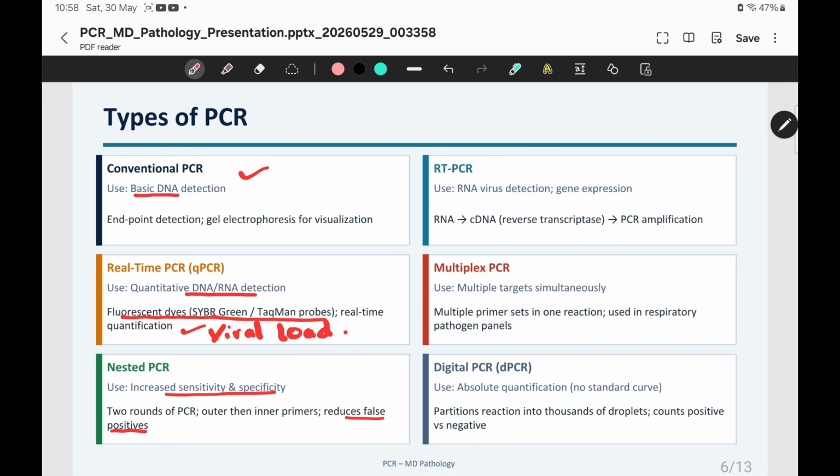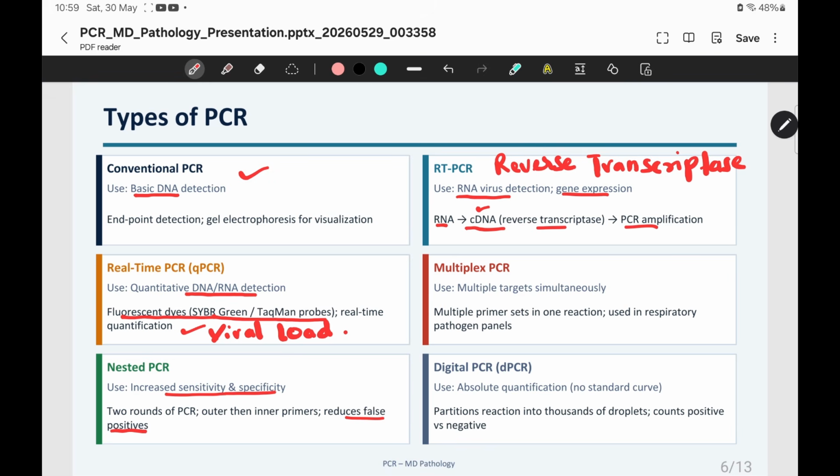This is the reverse transcriptase PCR, which is used for the detection of RNA viruses and gene expression. In this process, the RNA is first converted into complementary DNA using reverse transcriptase enzyme, and then the PCR amplification is done on the complementary DNA.